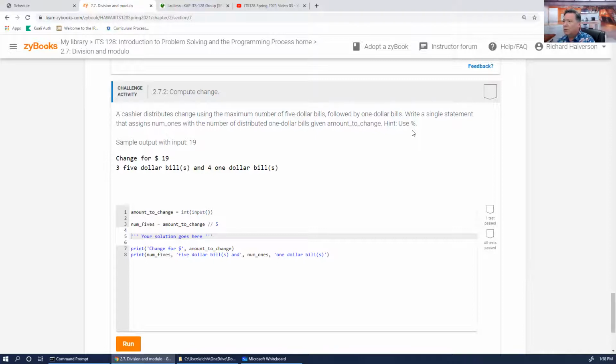Hint, use modulo. So if the input is 19, what's the change for $19? It's 3 $5 bills and 4 $1 bills. So you want to do modulo 5.